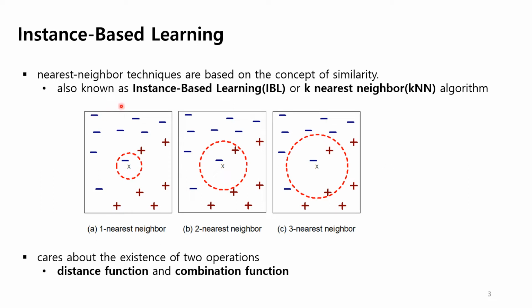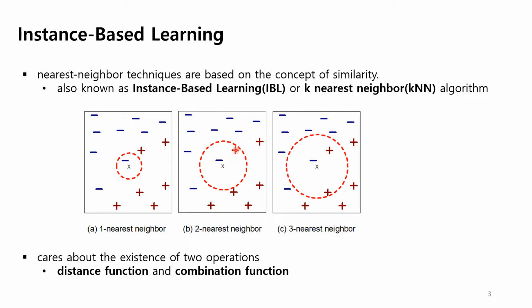So in this example, let's say X is the new data and you want to classify this X data. If you choose one neighbor, meaning the most similar data, in this case you choose one neighbor, minus here. Then you have only one neighbor and its target value is minus, so we say this X is minus. If you choose two neighbors, okay, then we have minus and plus, right?